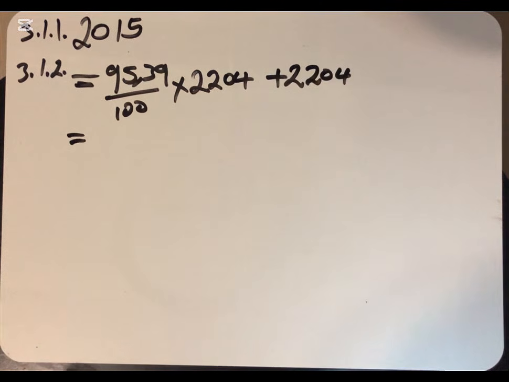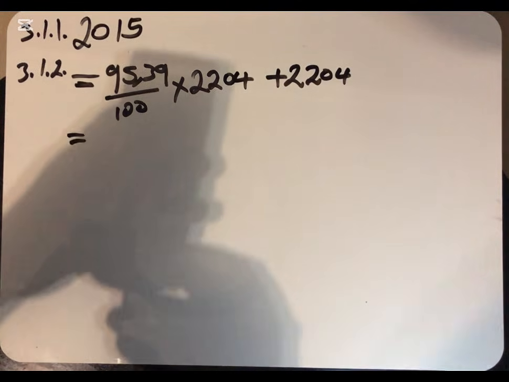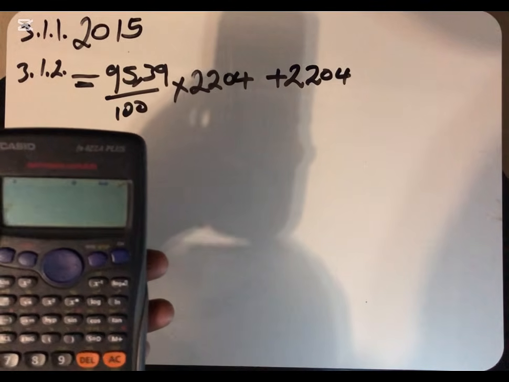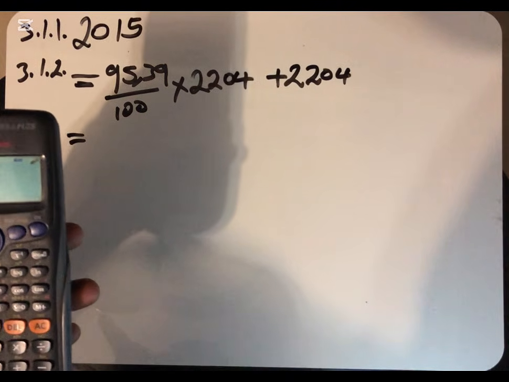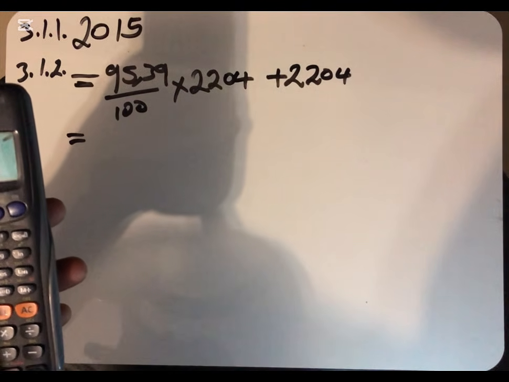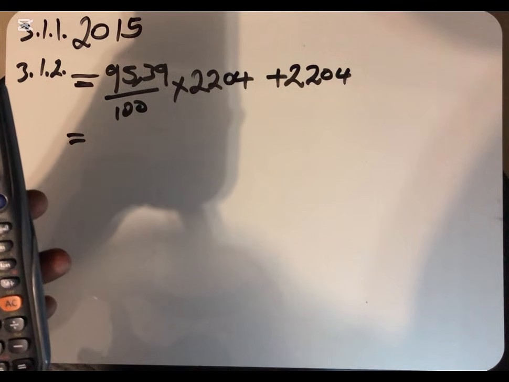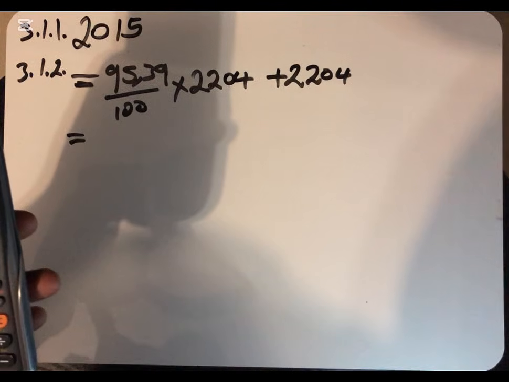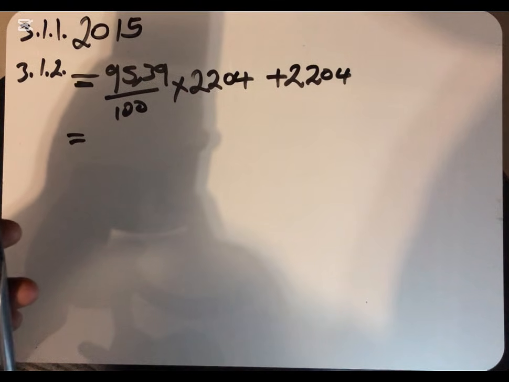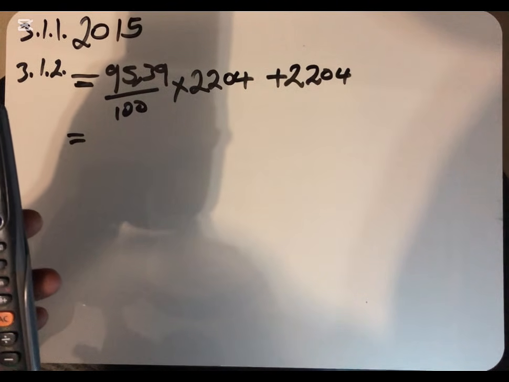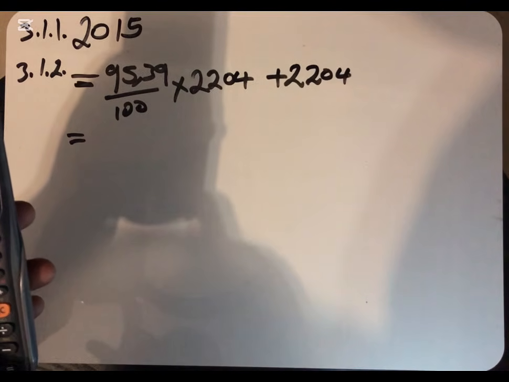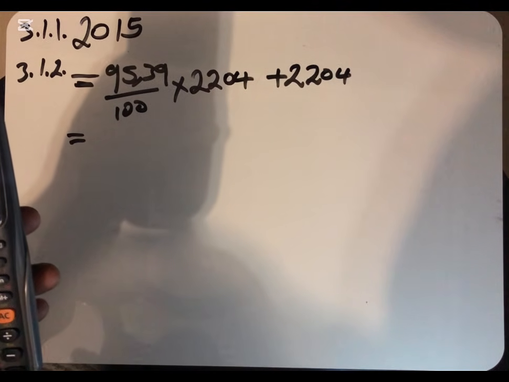So let's see how many stores they are going to get. We are now going to have 95.39 over 100 multiplied by 2,204 plus 2,204.